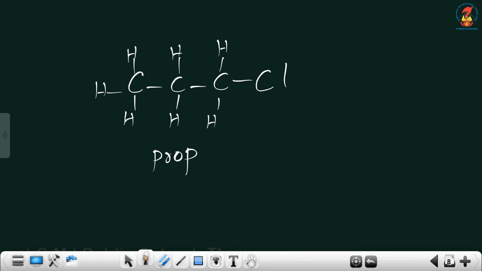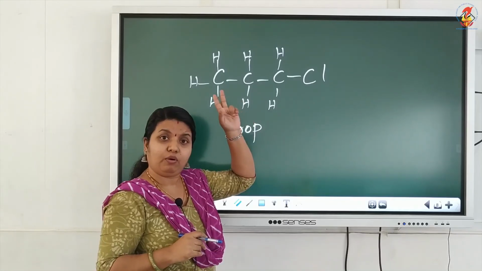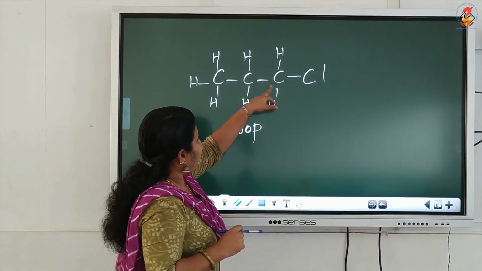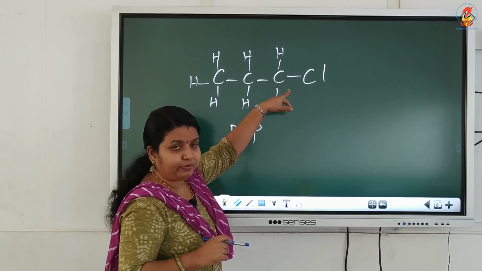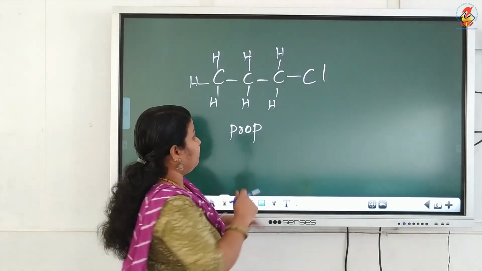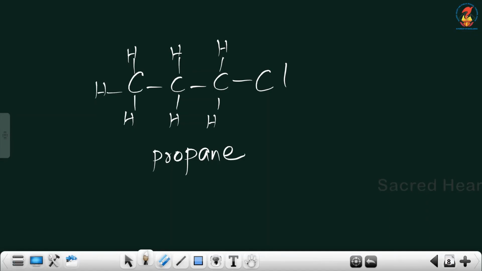Now the second step is identify the compound as an alkane, alkene or alkyne. For that, look at the nature of the bonds between carbon atoms. All the bonds are single bonds. So we add ANE. It is an alkane, so we write it as propane.